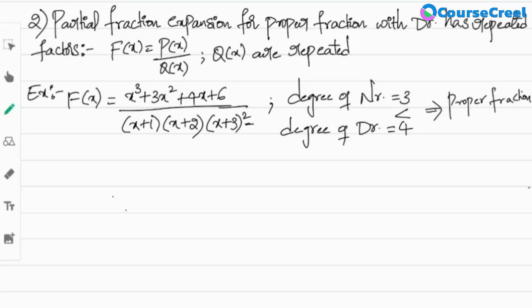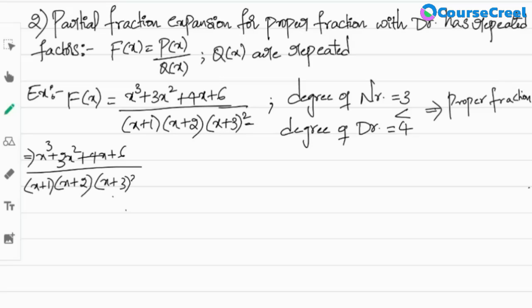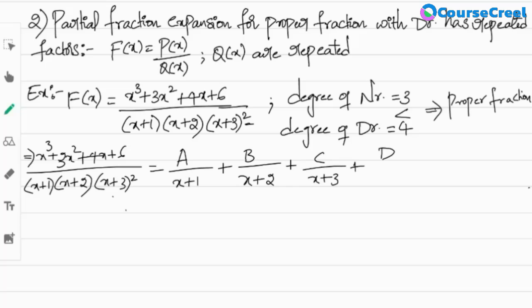Now we will split this given proper fraction into partial fractions. (x + 2)(x + 3)² is equal to A/(x + 1) + B/(x + 2) + C/(x + 3) + D/(x + 3)².